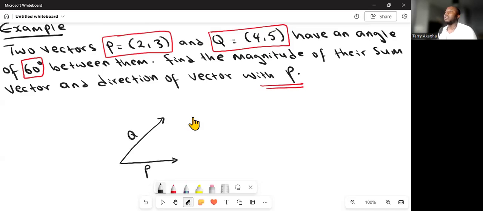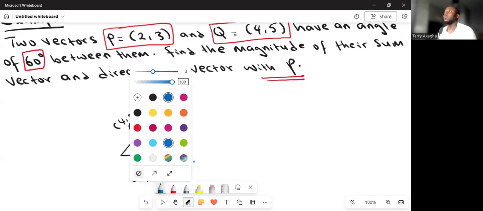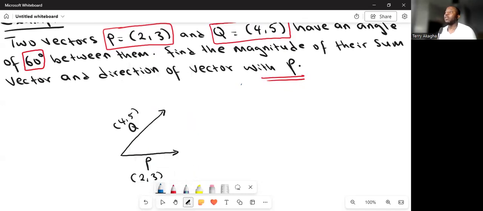P is 2 and 3, and Q is 4 and 5. Remember what I told you: you then have to finish this up and make it into a parallelogram.